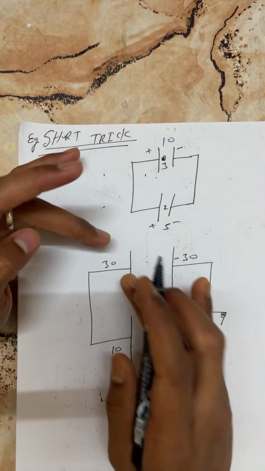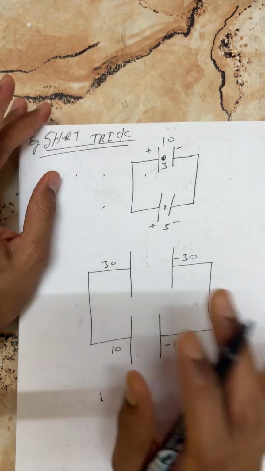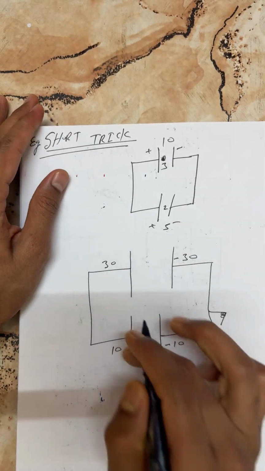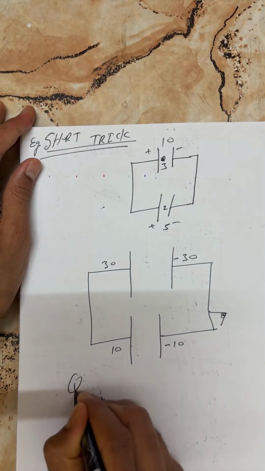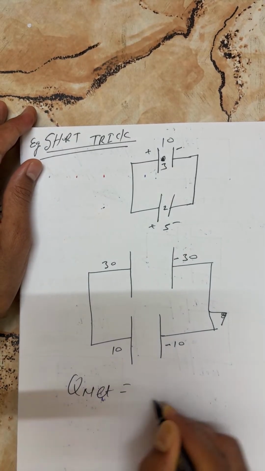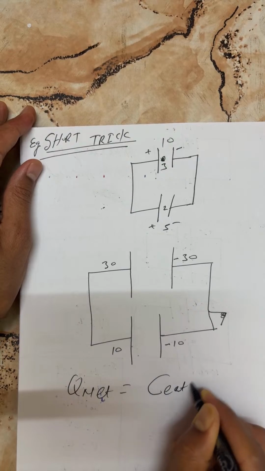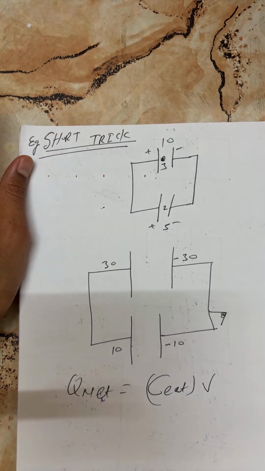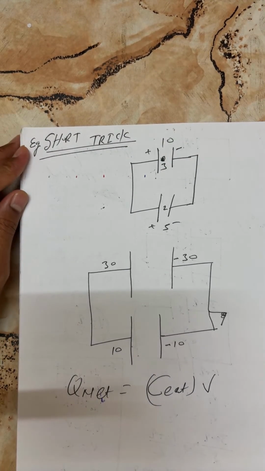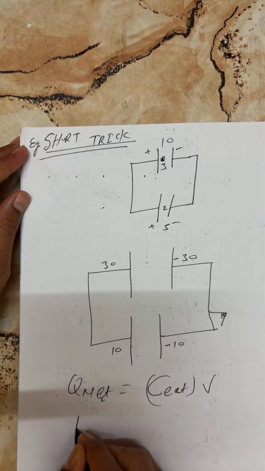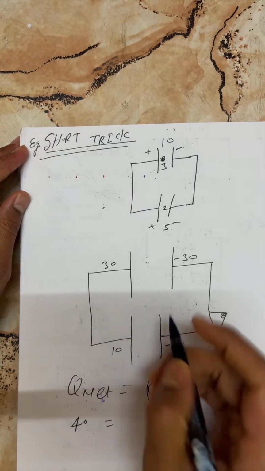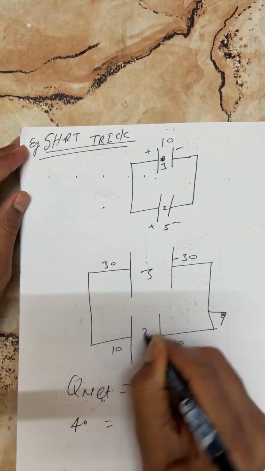So, beta, we have to first find the charge Q equivalent, Q net. What is the short trick here? Q net is equal to C equivalent into V. Beta, we'll get V directly from here only. Q net, beta, 30 plus 10 here. That is what? 40. Beta, in parallel combination, I didn't teach it here, just keep it in your mind.